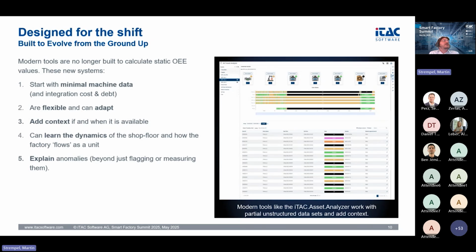This is what tools like the ITAC asset analyzer have been built for. Instead of needing the full picture and full integration from day one, typically to measure OEE there's a huge technological debt and integration cost needed right off the beginning, right? You have to integrate the machines, interpret the machine states, and map these to the logic you want to use to calculate your OEE.